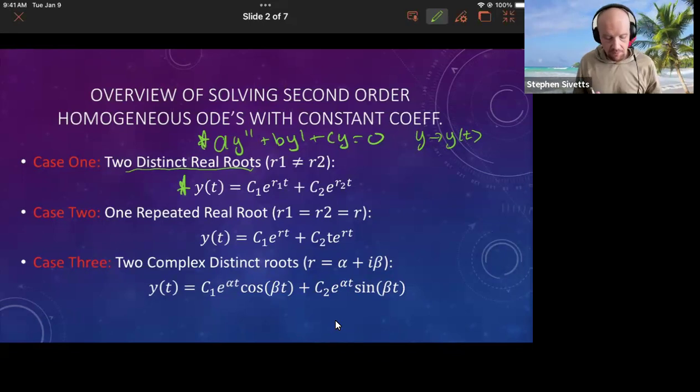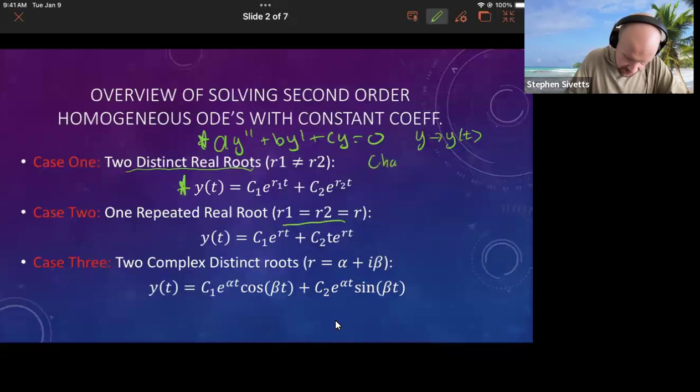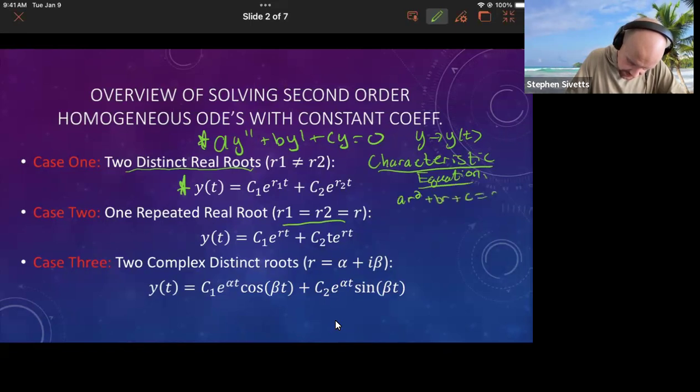The other case is if we have one repeated real root, so if R1 equals R2. The R1, R2 terms come from solving the characteristic equation, AR squared plus BR plus C is 0.